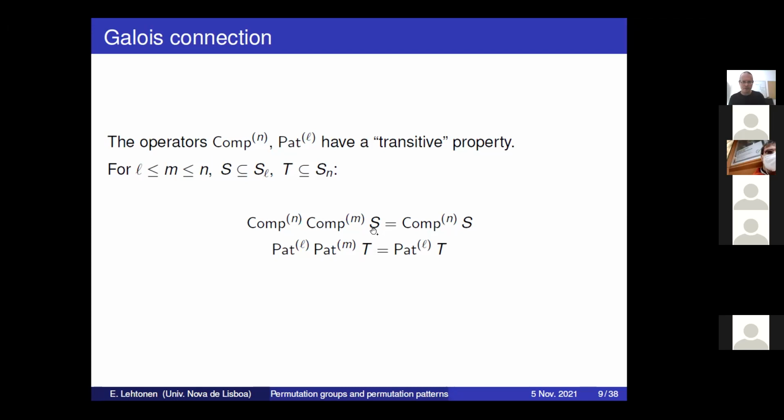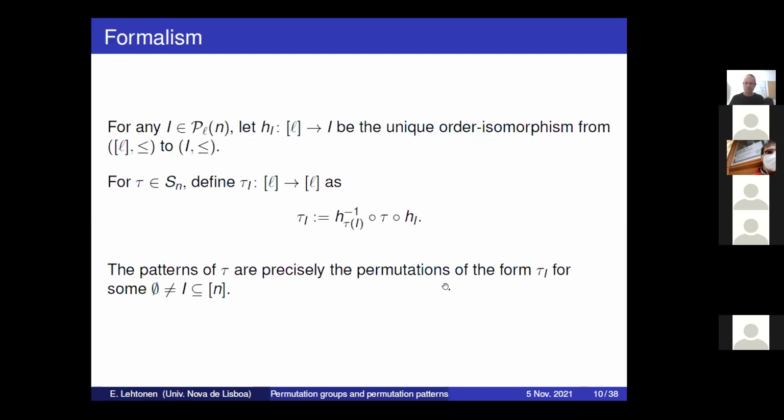We start with level L, go up to M, and then N. But in fact, we could just go directly to level N in one step. So this is a kind of transitive property. And the same holds for pat. We would start with the level N, then go first down to level M, and then still down to level L. We could just go to level L in a single step. Fine.